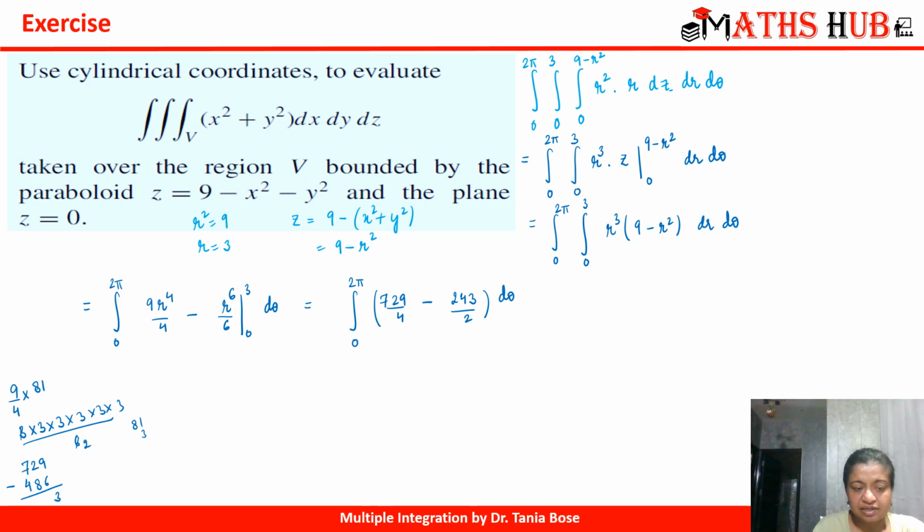So we will get 243. So 243 by 4. And when I integrate it, I'll get 0 to 2 pi d theta. So that is simply 243 by 4 multiplied by theta. And when you put in the limits, you will get 2 pi. So 2 cancels and we get the answer as 243 pi by 2. So this is your answer, right?